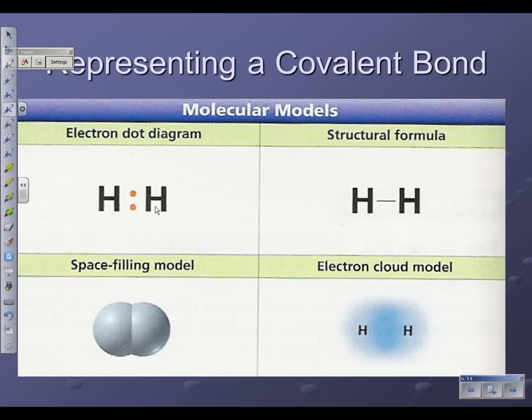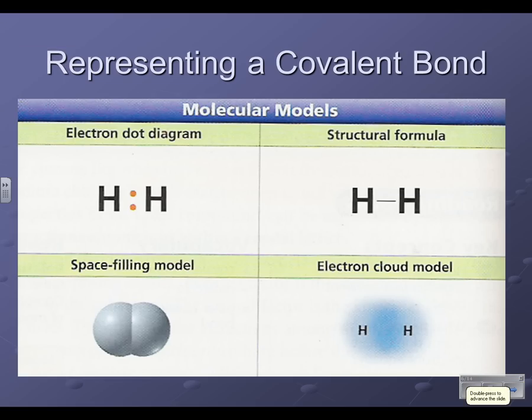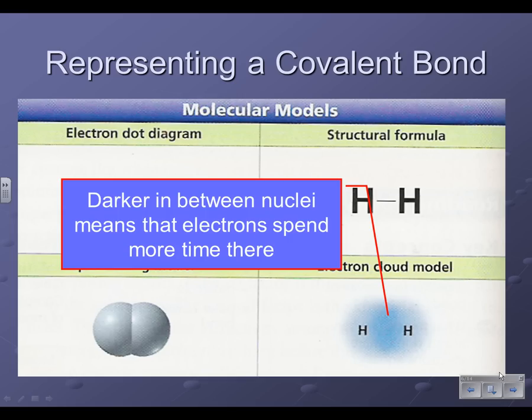The electron dots, that gets to be kind of a pain if you have to do it a lot. The space-filling model, where we basically fill up the space that represents those atoms. And then if you go back to our Schrodinger model of the atom, the electron cloud model, it might not show up real well in the projection, but if we show the darker areas representing where electrons are located, the area in between the 2 nuclei is going to be darker than the other areas, because that's where those shared electrons hang out most of the time, right?